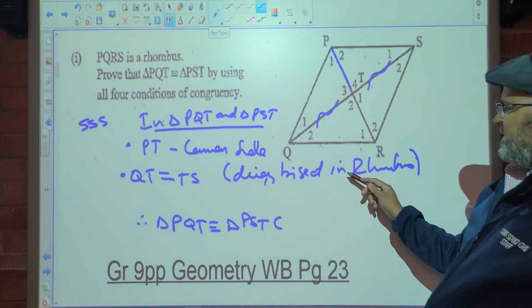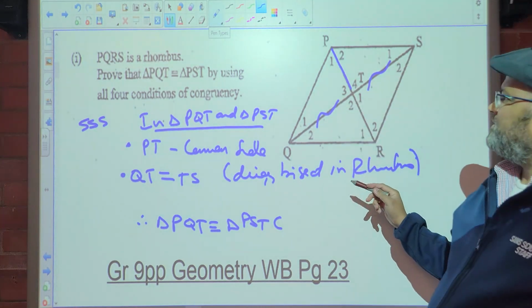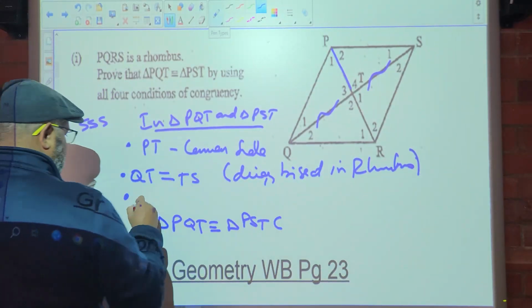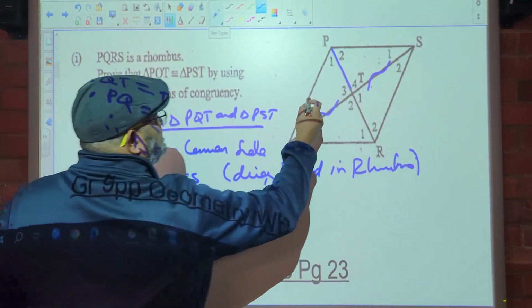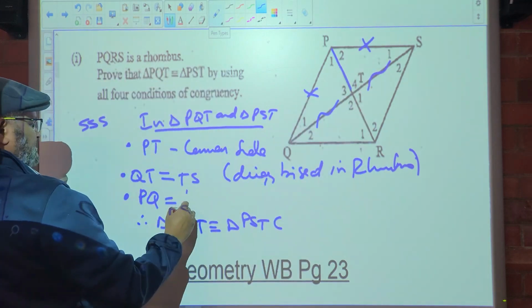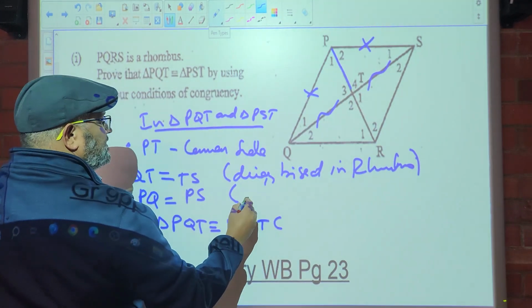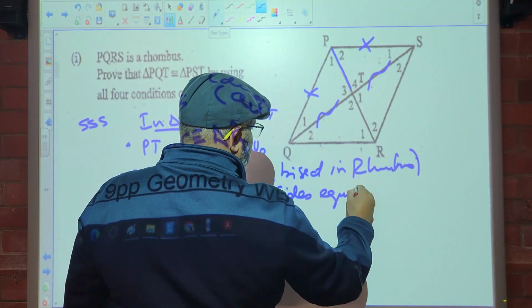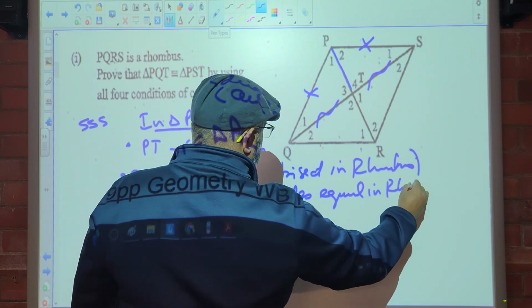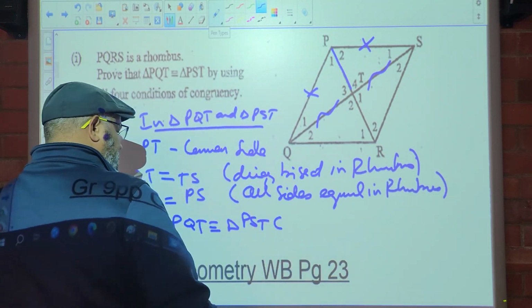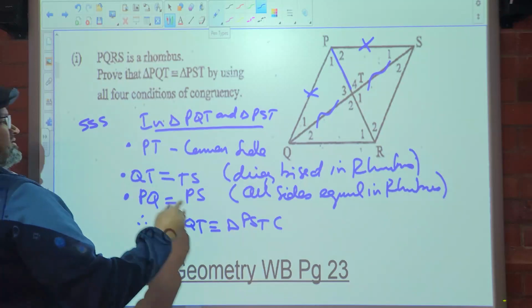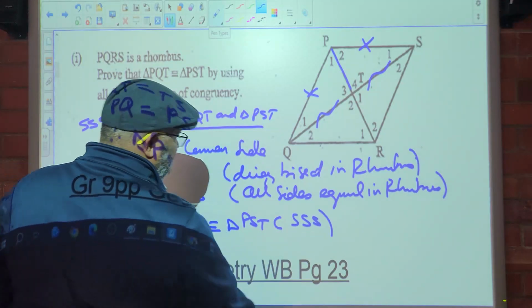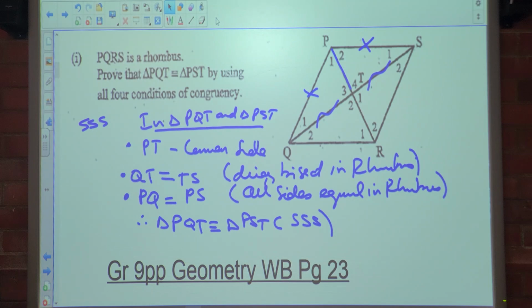Why? Diagonals bisect each other in the rhombus. And then the last one, PQ is equal to PS. Why? Because all sides are equal in a rhombus. Okay. In what case of congruency is this? We use three sides. Side, side, side. Okay. Easy.